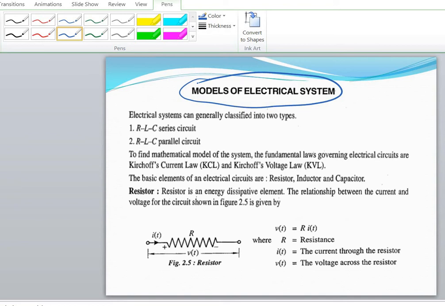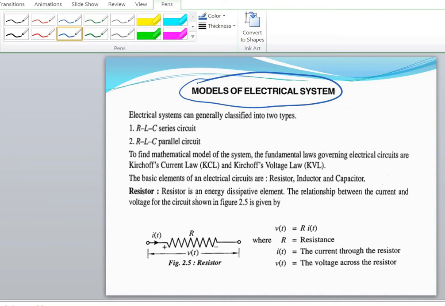Just like mechanical systems, as we know, there are translational mechanical systems and rotational mechanical systems. In translational mechanical systems, the displacement is linear, in a straight line, represented by x, and in rotational mechanical systems, the displacement is rotational, represented by theta.